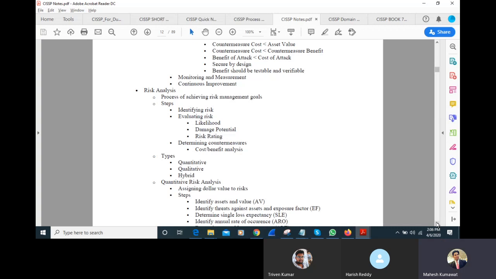Then we determine countermeasures and do a cost benefit analysis. We have some types: quantitative risk, qualitative risk, and hybrid risk. So we determine the countermeasures and the cost benefit analysis.